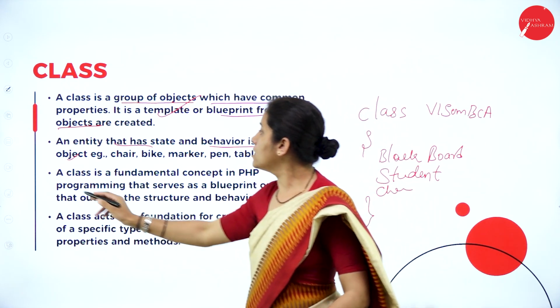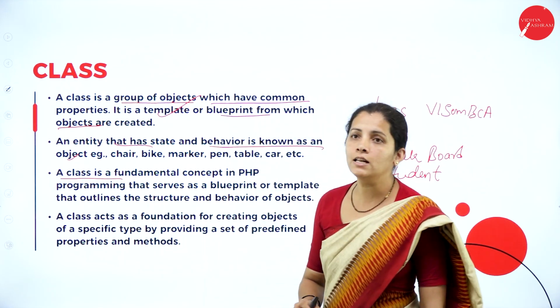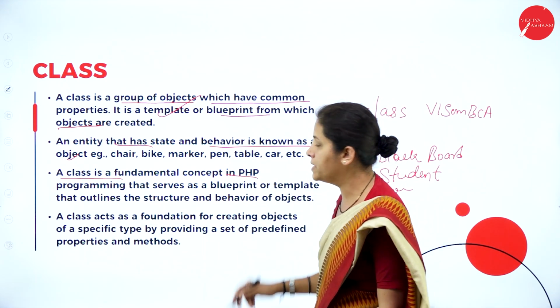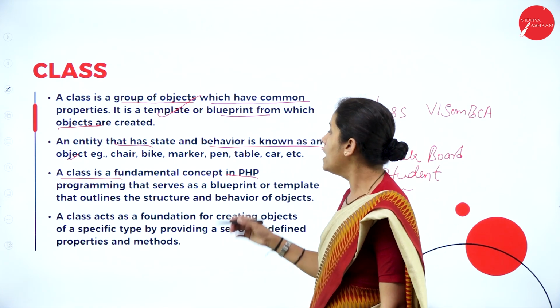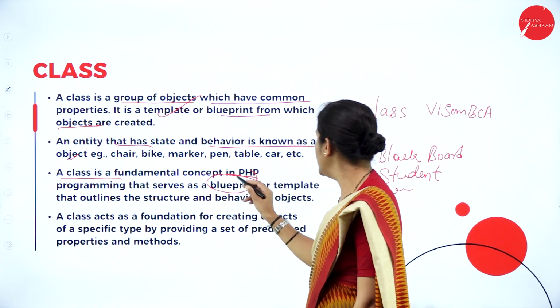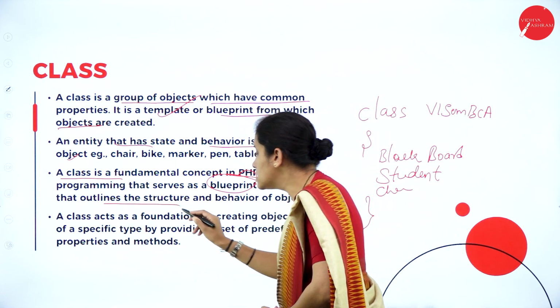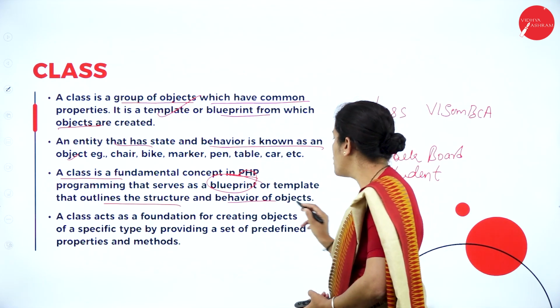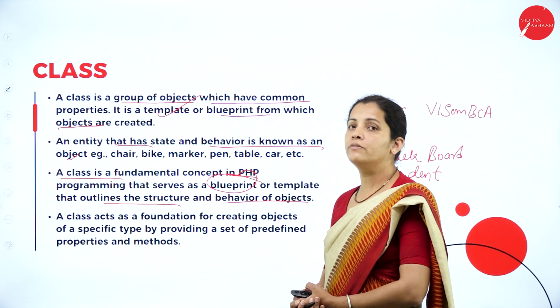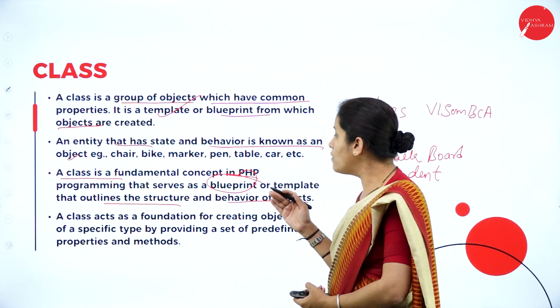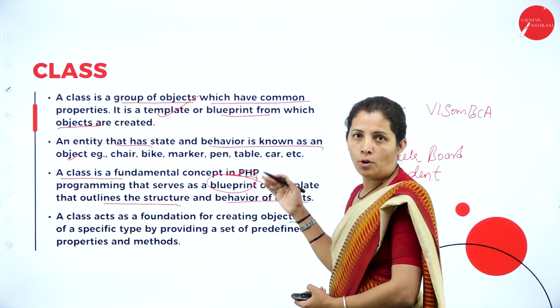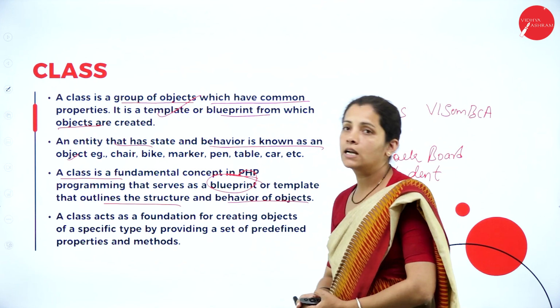A class is a fundamental concept in PHP. It mainly acts as a blueprint or a template that outlines the structure and behavior of the object. So who is going to define the structure and outline of the object? That is none other than the class.